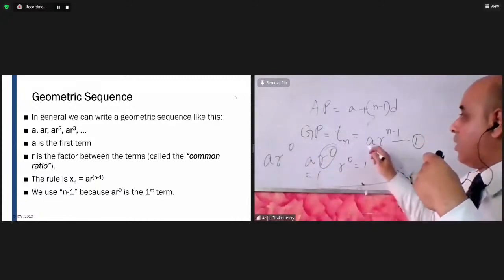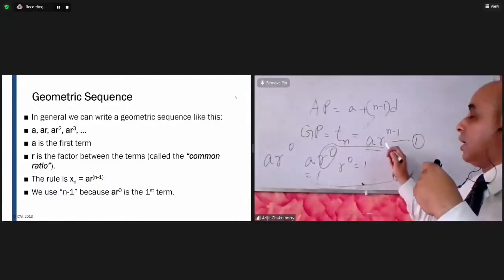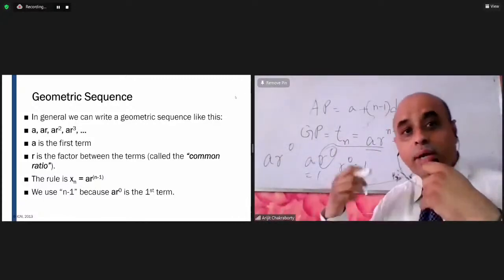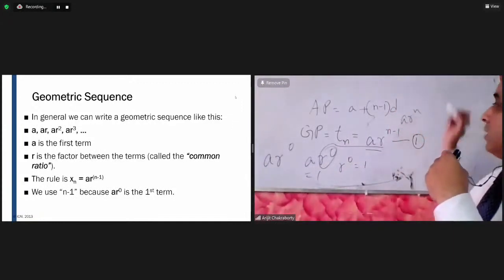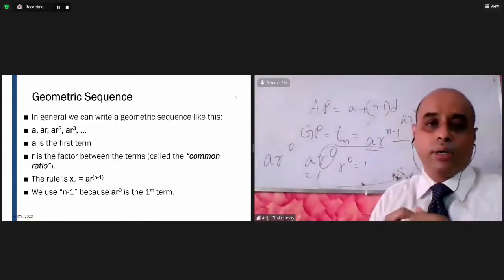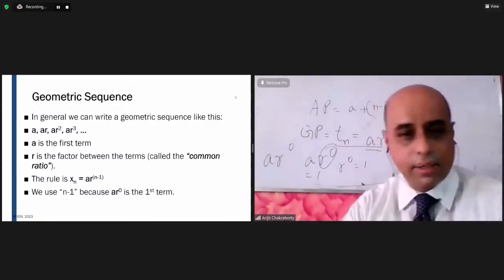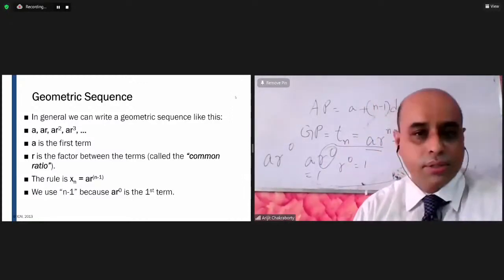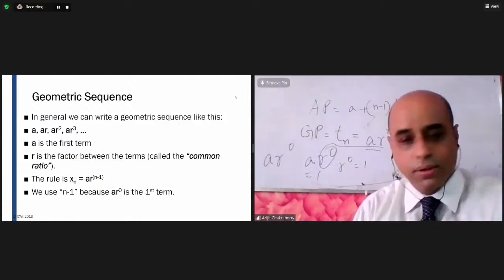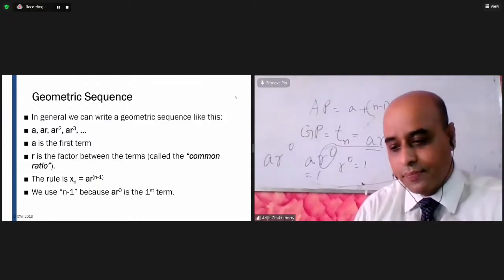That is the reason why the nth term becomes AR to the power n minus 1. Otherwise, it should have been AR to the power n, but it becomes AR to the power n minus 1, which is the first formula which you need to understand, and of course remember for the sake of solving your problems.